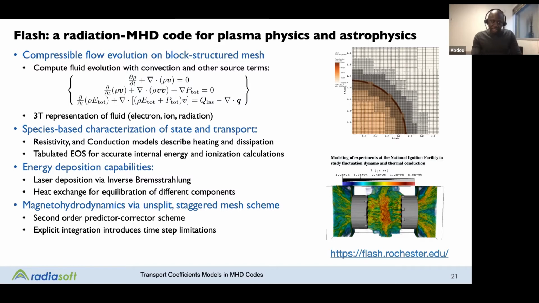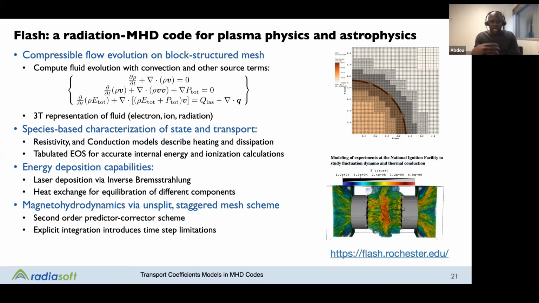It has a capability to do multi-temperature. So for our plasma, we are at very low density, so particles, electron and ion, really do not equilibrate at the same temperature. So the code allows this option to have an energy equation for each of the different particles or entities: electron, ion, and even the radiation.